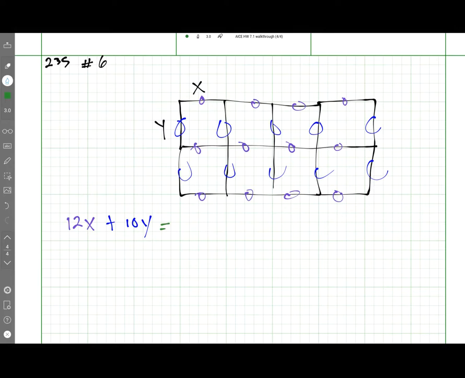Now that has to be equal to some other piece of given information, the perimeter, so 480 meters. Now we also need to find area. We know the area of each of these squares is xy, and we have 8 of them. So the area is 8xy.